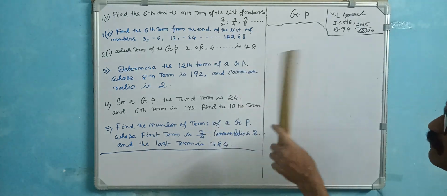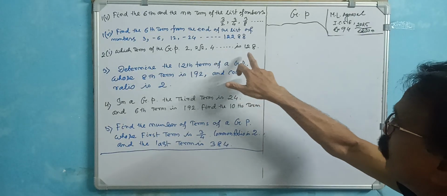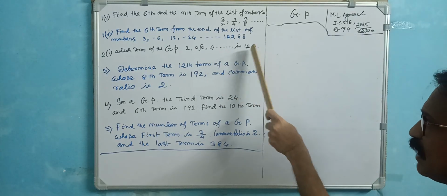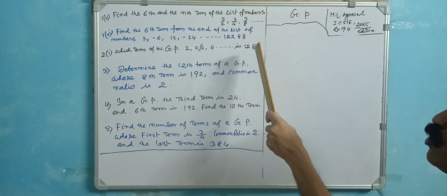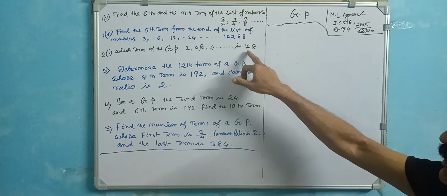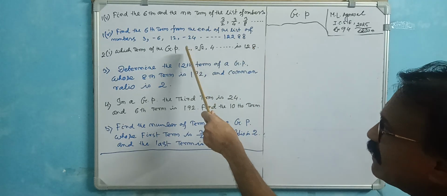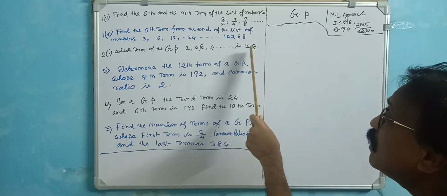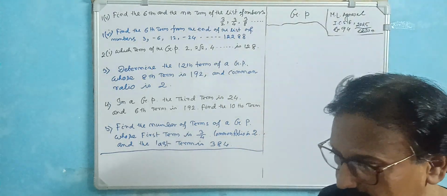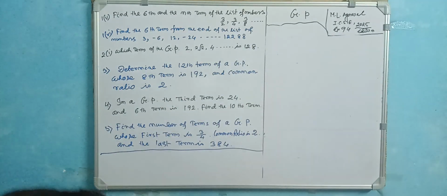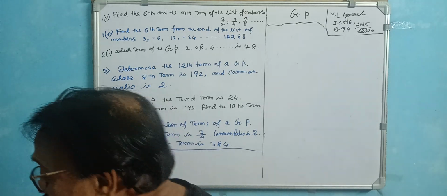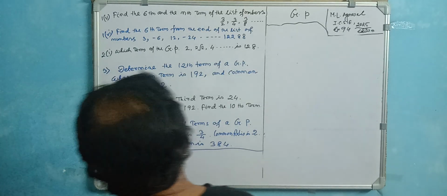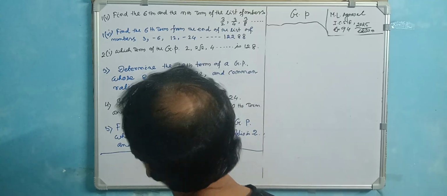You just find the value of n for this term. This n is 1, this n is 2, n is 3. So for 128, what is n? What is the number of terms? Okay. Clear? So 2.1, start.